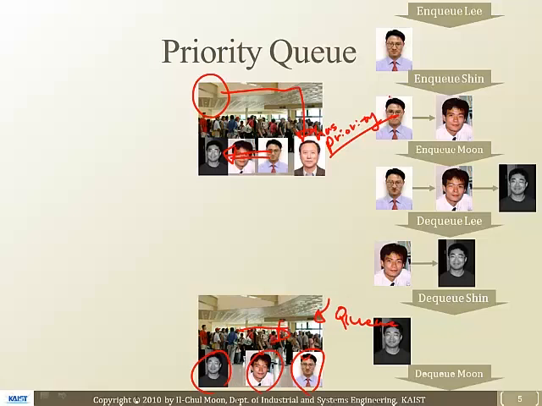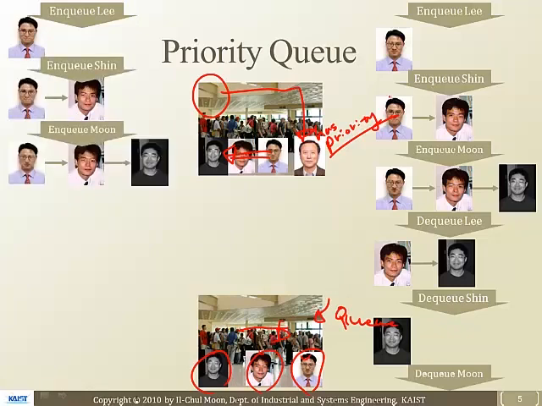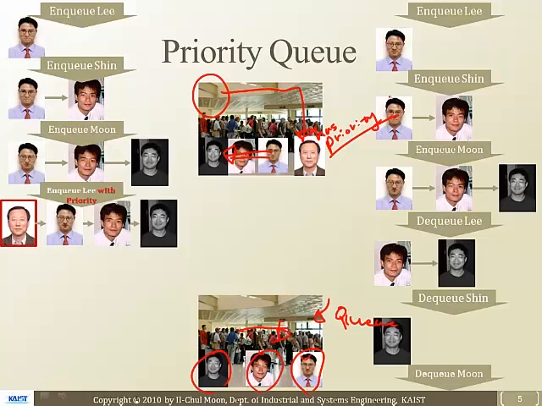That happens usually at the airport. So enqueue Ri, enqueue Shin, and enqueue Moon happen normally. However, at this moment an enqueue happens with priority, meaning these three persons don't have that priority, so this person with priority is going to be at the front of the queue.